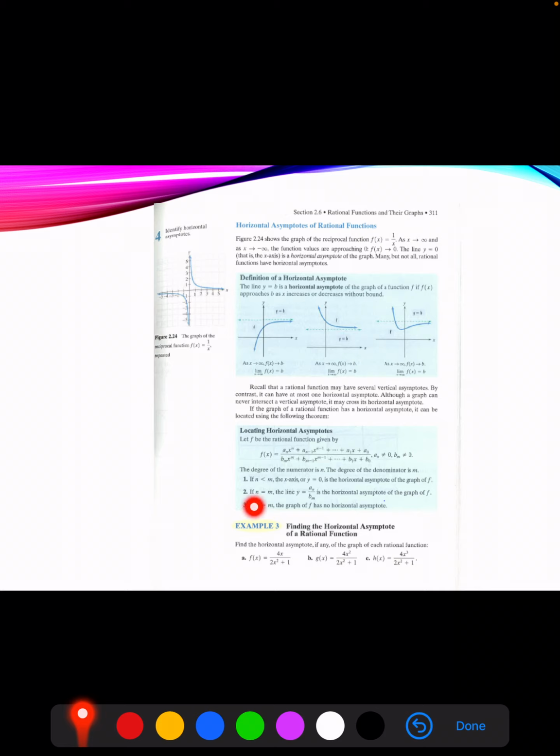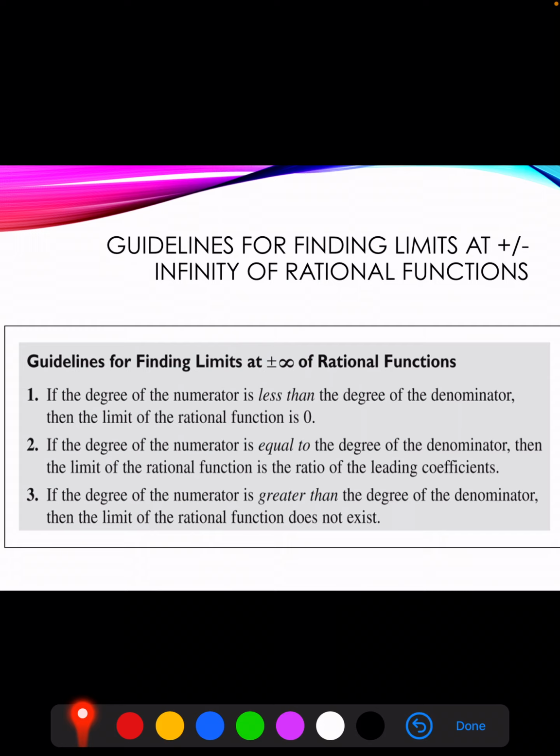When n equals m, we talked about this today in class, the line y equals a sub n over b sub m, that's the coefficients of the leading terms, the ratio of those coefficients. That's where the horizontal asymptote exists. And then there's another scenario where the numerator degree is larger than the denominator degree, and there are no horizontal asymptotes, and you'll see in each of these cases.